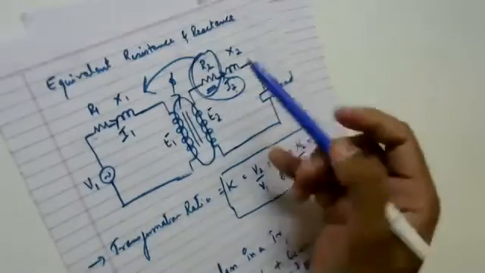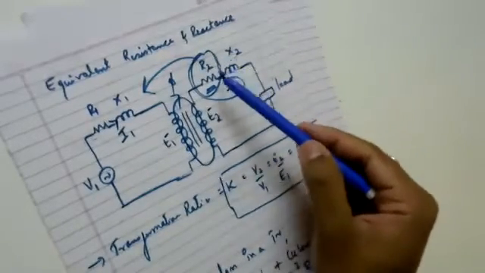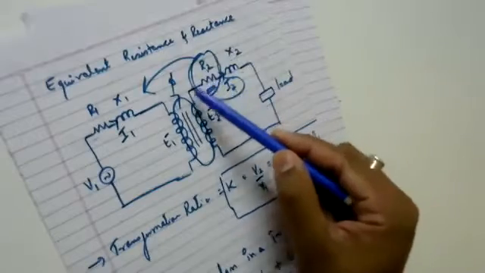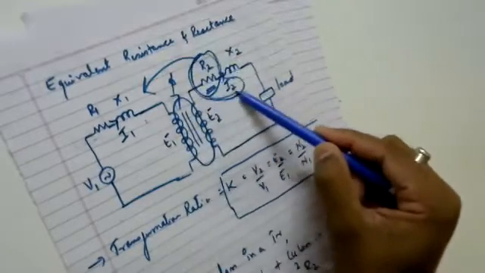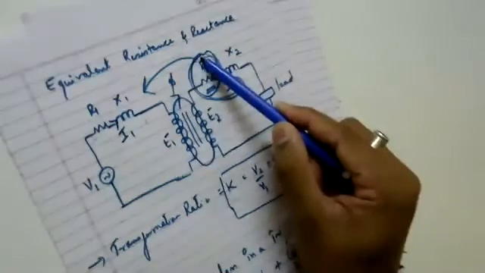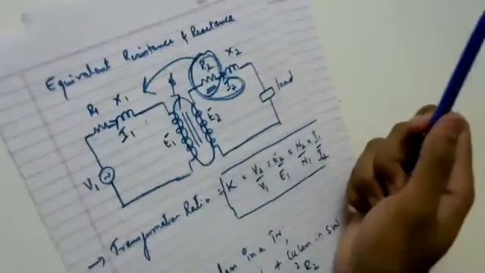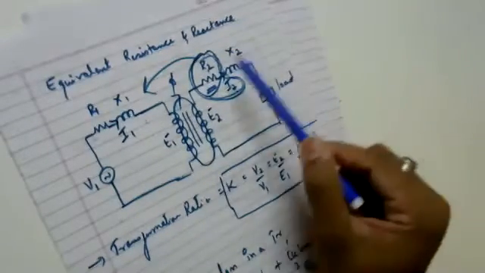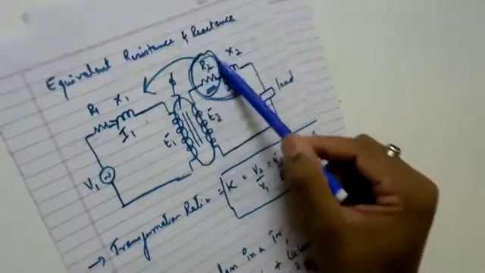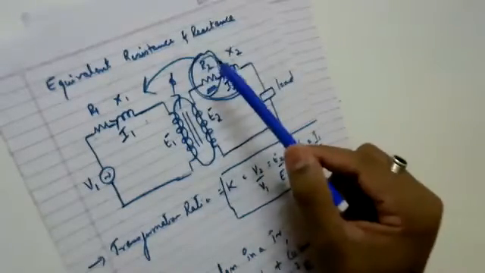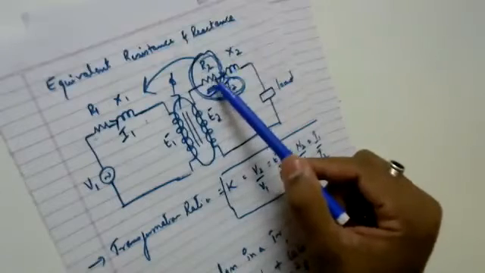Am I right? Now, since I am transferring this component from the secondary side to the primary side, the amount of loss occurring because of this resistance R2 should not get changed. This R2 should produce the same amount of copper loss which it was creating by its presence on the secondary.